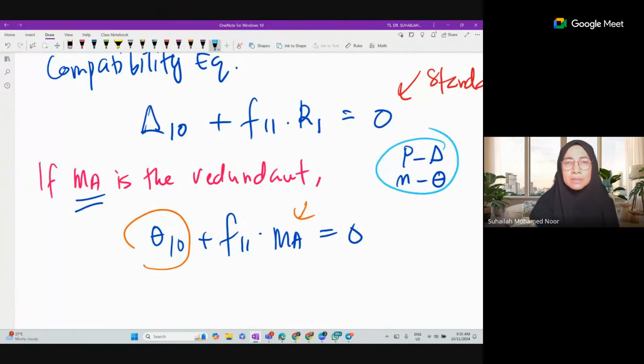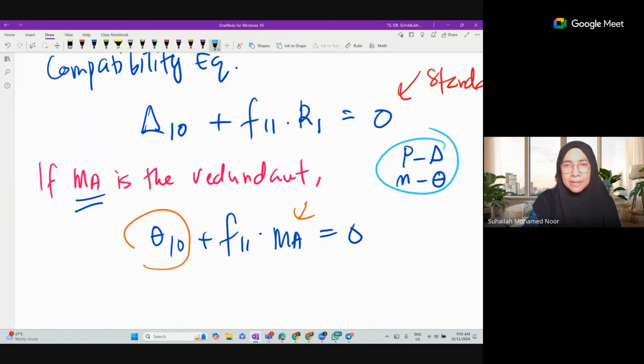Okay, so if the moment is redundant, the displacement is theta. So that is why I will choose this one instead of using the standard form R1. So that we know that if it is moment, we should write the rotation, because moment, the pair of the moment and theta.